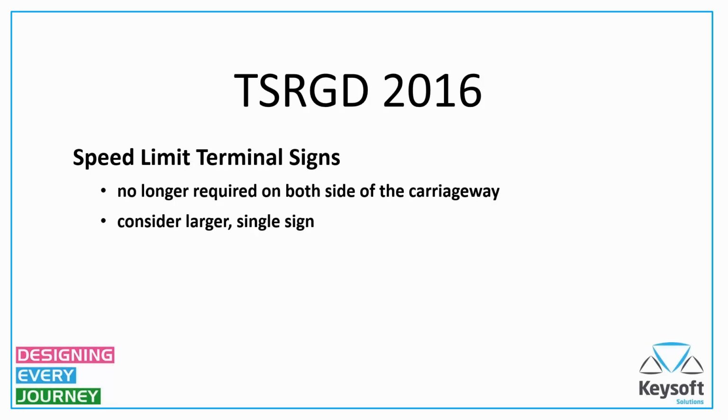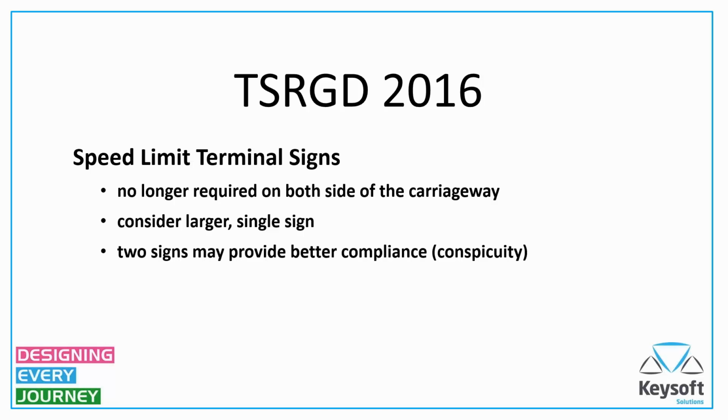So it may be that you should consider a larger single sign, perhaps, but just because the relaxation is there doesn't mean that in every case you should not consider very seriously providing two signs in any case. This may well provide better compliance with the speed limit, and it's all about whether drivers can see that, whether they are aware that they have entered into a new speed limit area.